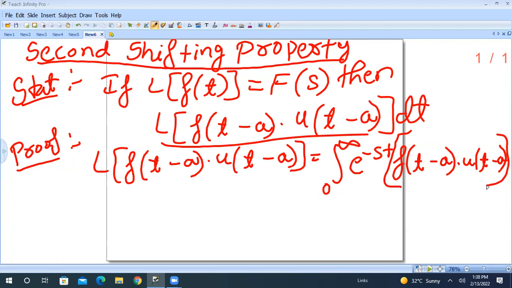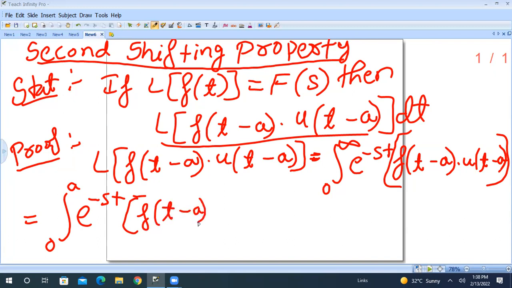Now we shall consider these terms by splitting them. So we split into 0 to a and a to infinity, because this is how our unit step function works here. So 0 to a, e to the power of minus st, then f of t minus a into u of t minus a into dt.